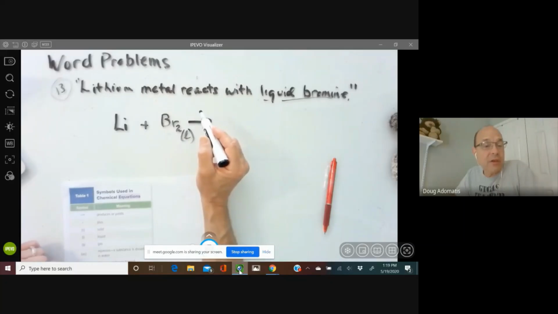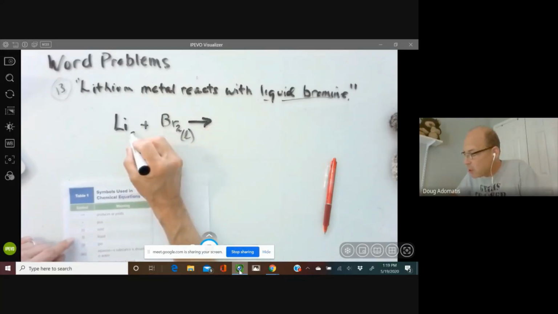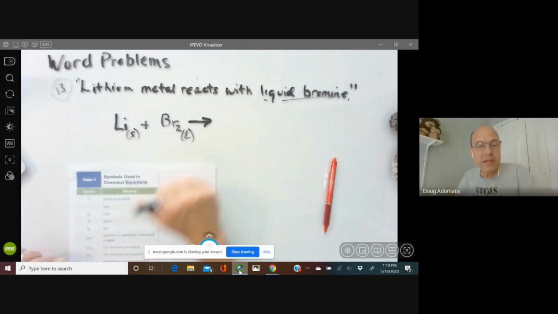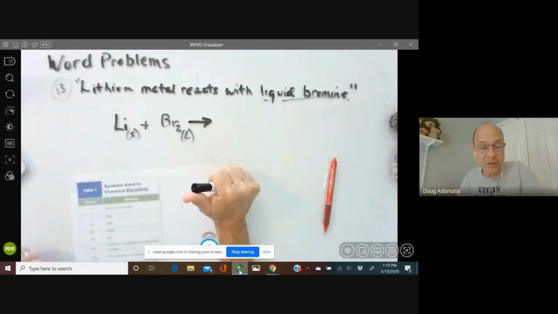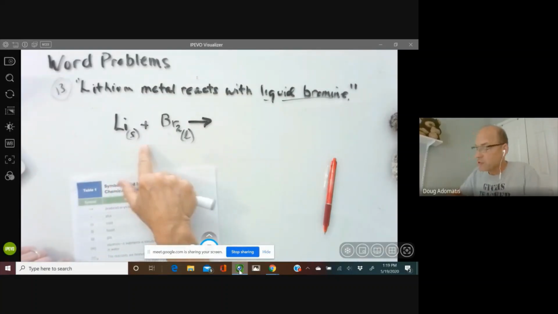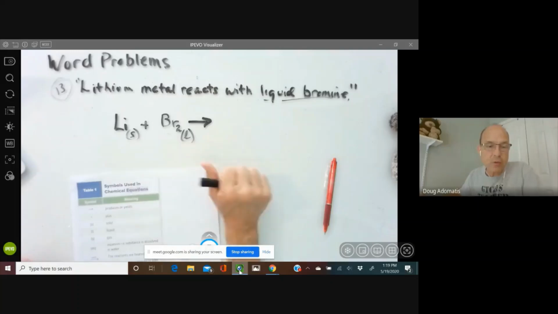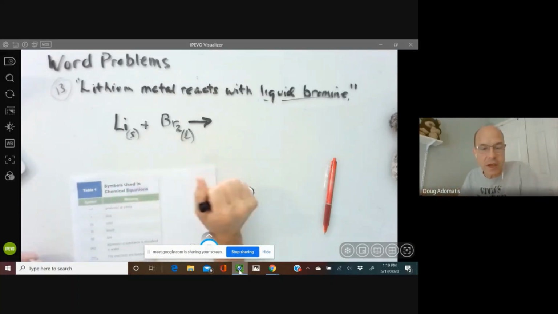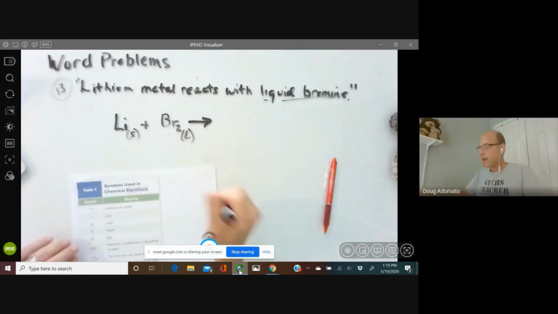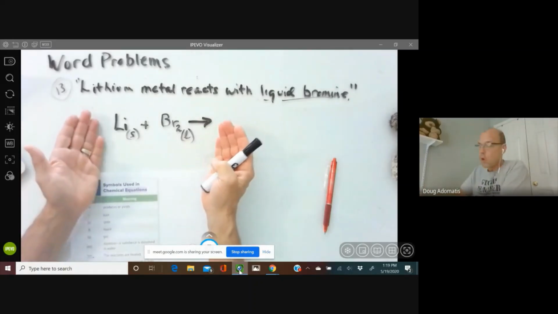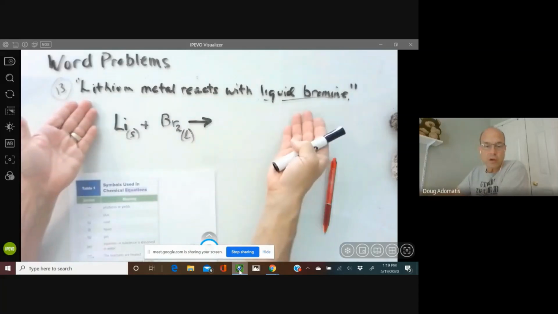So if lithium is in the metal form, then we know it's a solid. So when I say that you have to write a complete chemical equation, complete with states of matter, these are these little subscripts, these solid, liquid, gas, and aqueous solutions symbols that you put near each term of the equation, okay? All right, so this is in symbols what I wrote in words.